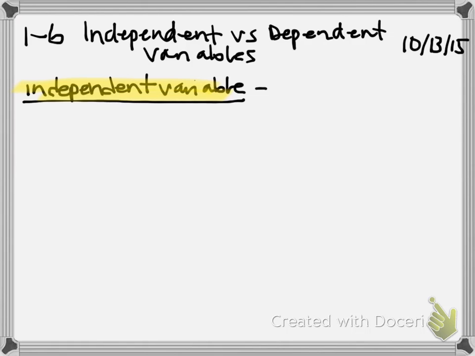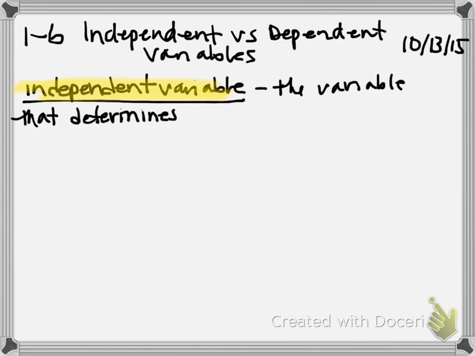And an independent variable is the variable that determines the output.